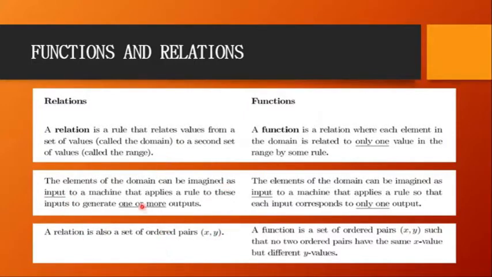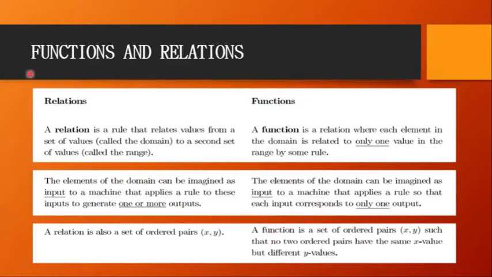So, ibig sabihin, yung x natin, bawal siyang maulit. Okay? This is the easiest way on how to determine whether a relation is a function or not by the use of the ordered pairs. Kasi malalaman naman agad natin yon kung naulit ba yung x or hindi. Okay?